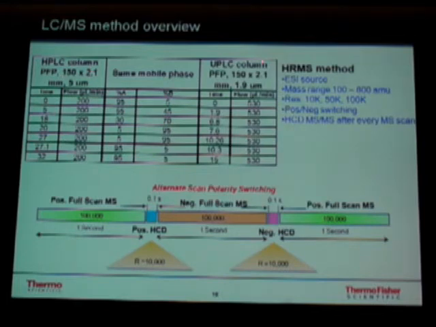The other was a UPLC, which used 1.9 micron UPLC beads, and slightly different LC methods. ESI source, mass range of 100 to 800, and we ran it at all different resolutions. Positive, negative switching, and then MS-MS after every MS scan.